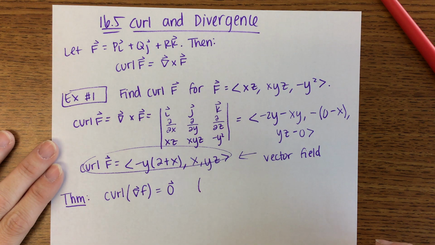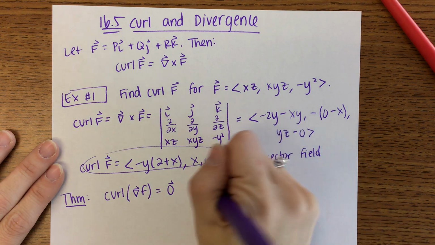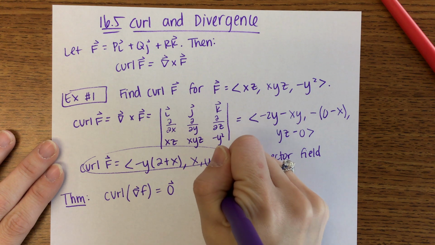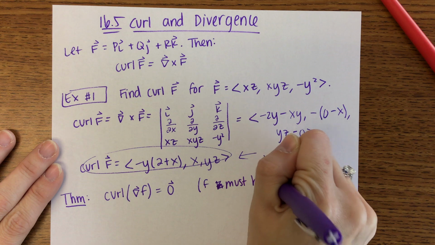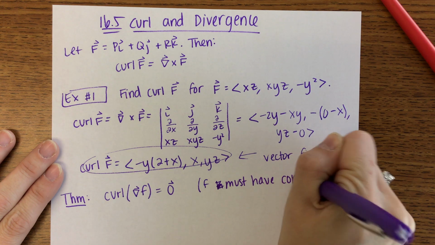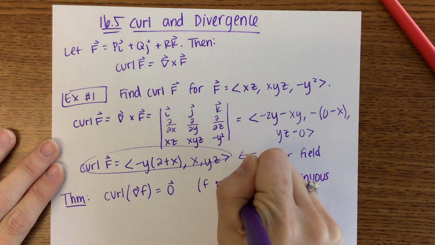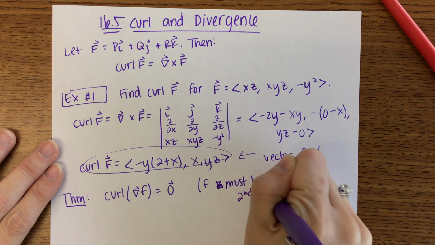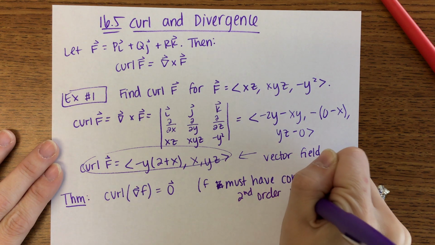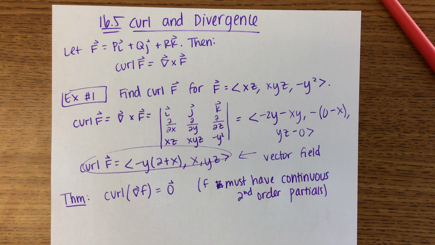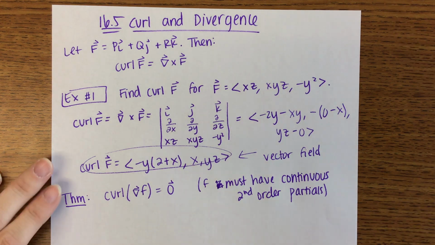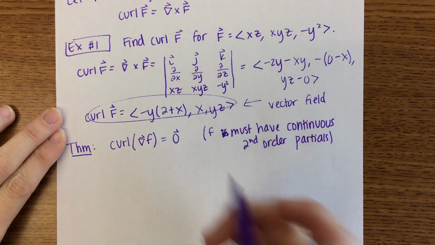One thing that has to be true in order for this theorem to apply is that function f must have continuous second-order partials. Because it's fun, let's prove that this theorem is true.